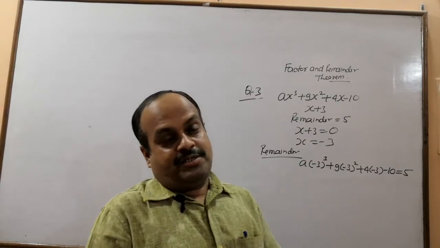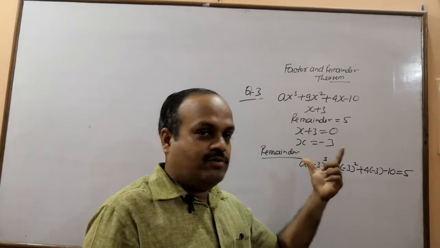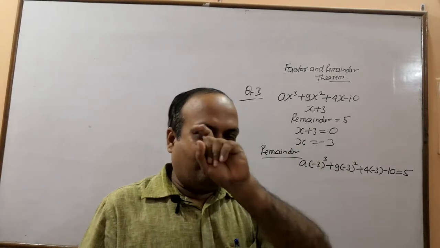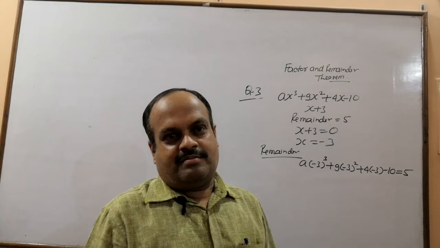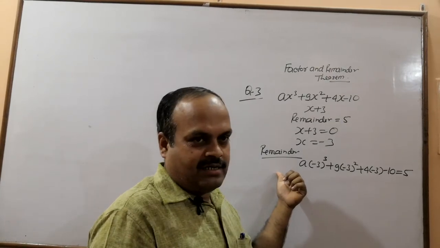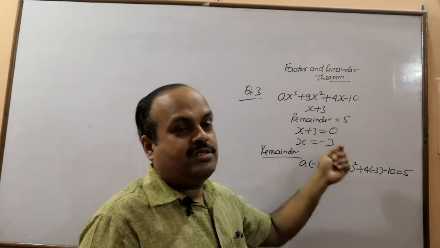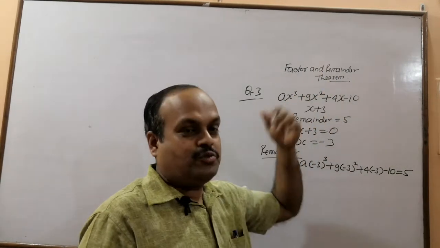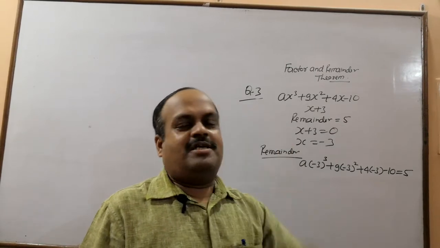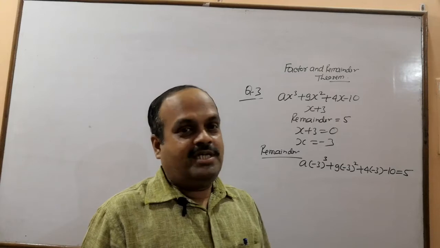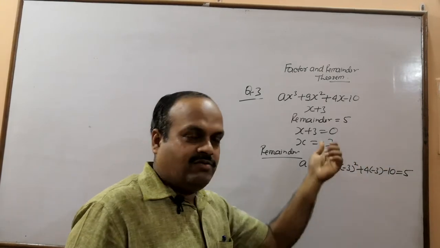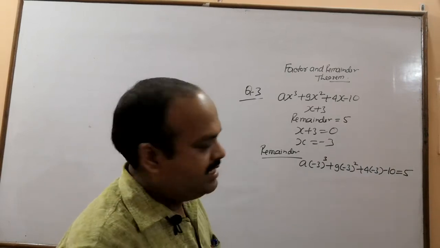My dear students, when you do this step, you get 1 mark in the board exam. I mean, when you write remainder and put the value of x to get the remainder, the council gives 1 mark to the student. So easy it is.